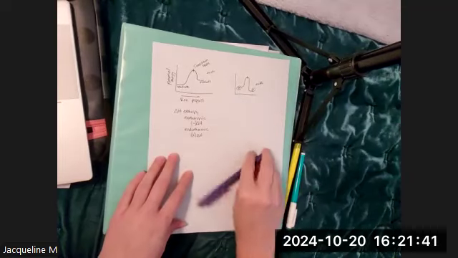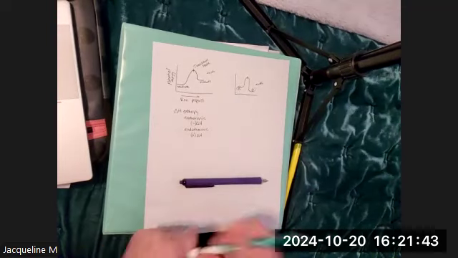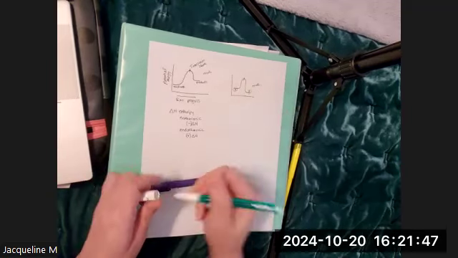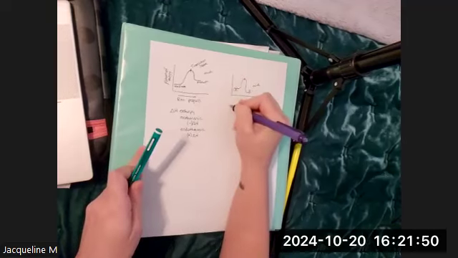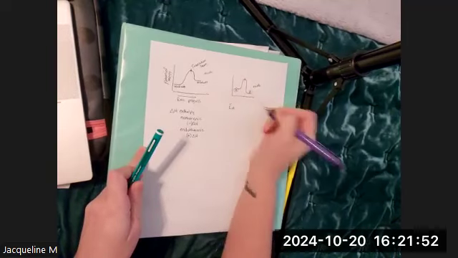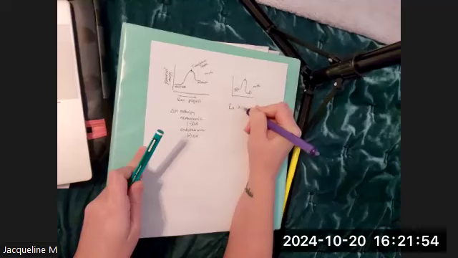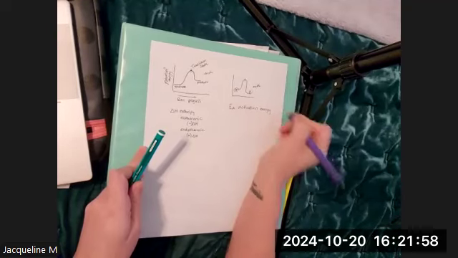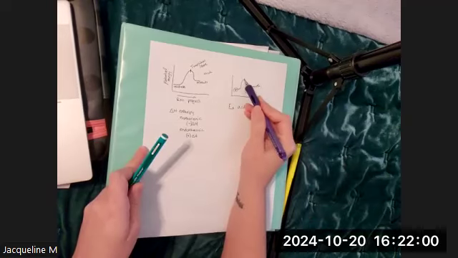We can also calculate things from these graphs. So there is our activation energy, often written as E sub A. And that is the amount of energy to get to the transition state.